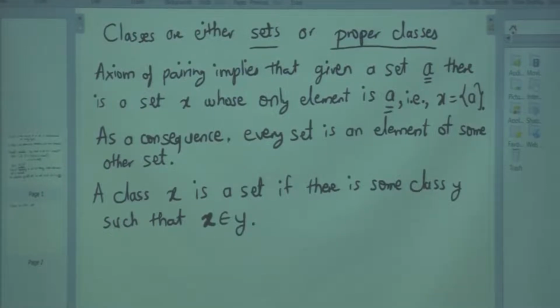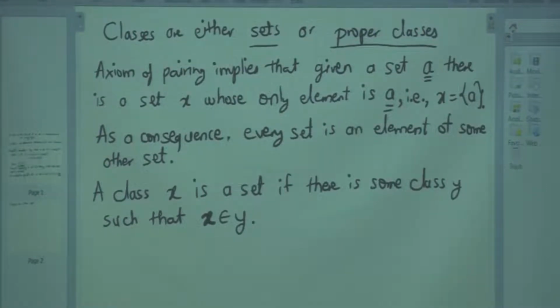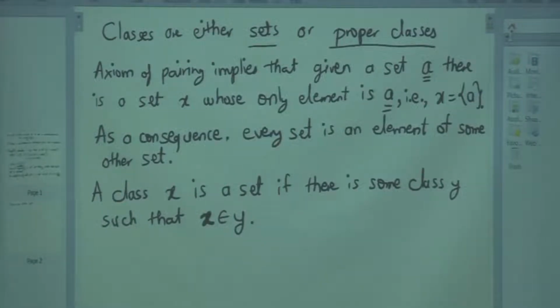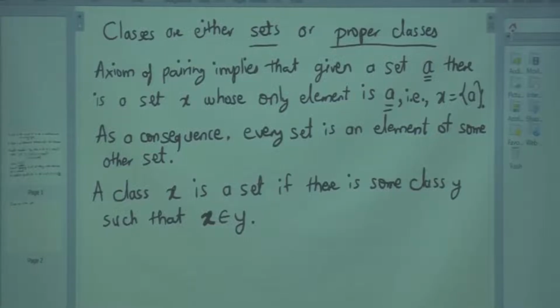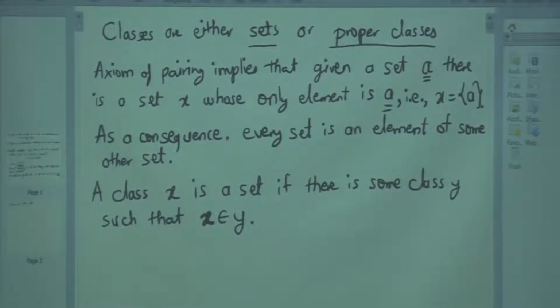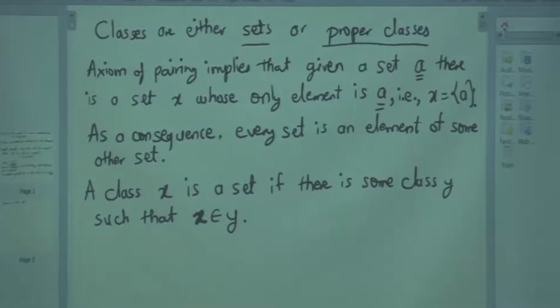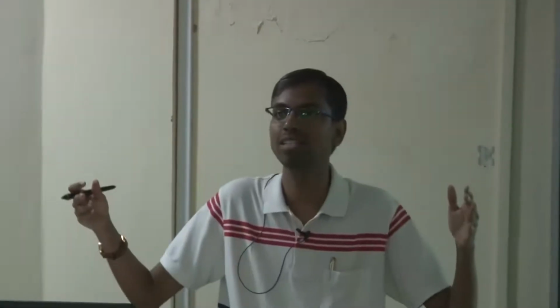Sir, it could be a set or a class. In this, a class is a set if there is some set... No, there is some class. You have not defined the belonging nature. Belonging, yes. For example, the collection of all sets is so large that it doesn't belong to anything else.